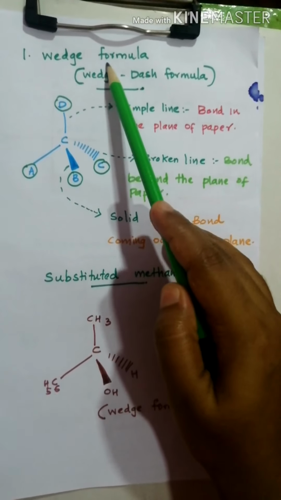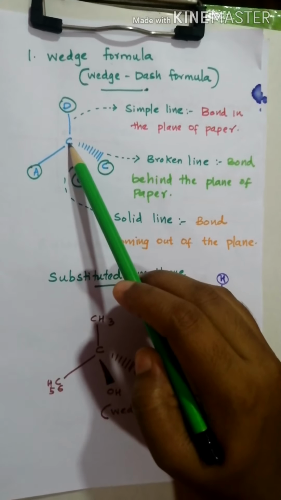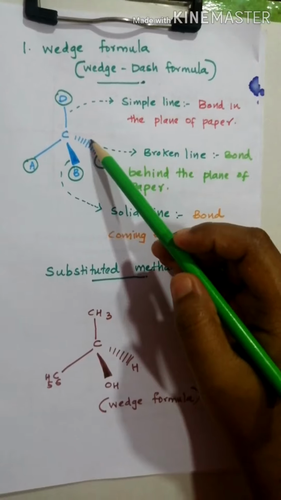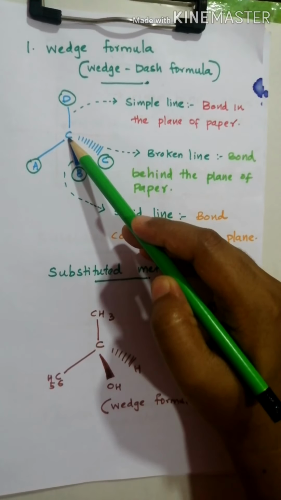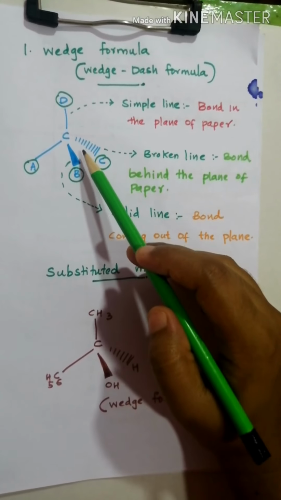What do we mean by wedge formula? The wedge formula represents an organic molecule in this manner, in which this is a chiral carbon attached with four different groups of atoms.